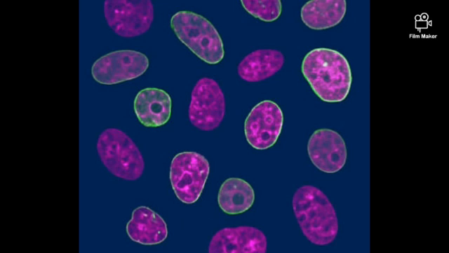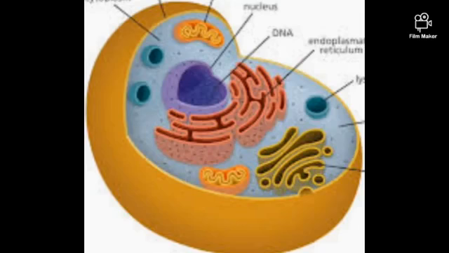A group of cells that performs a special job together is known as tissue. Blood, bone, muscle and skin are some of the tissues in our body. For example, muscle tissues are a group of cells specialized to contract and expand for the movement of the body parts.